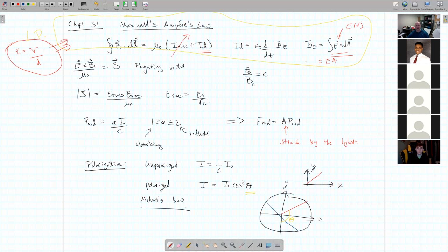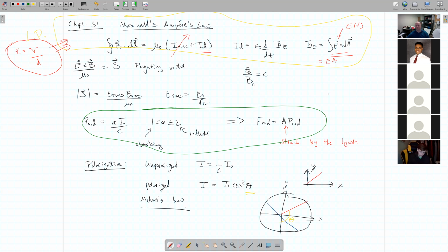Okay. And then the last long problem, if I remember correctly, will basically involve this stuff. So basically radiation pressure, radiation force. So we did an example like this in class.